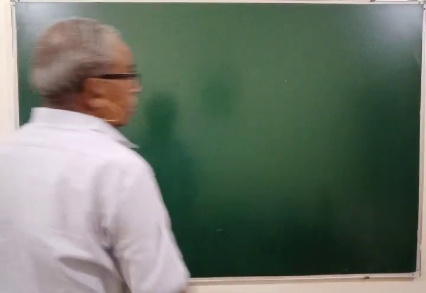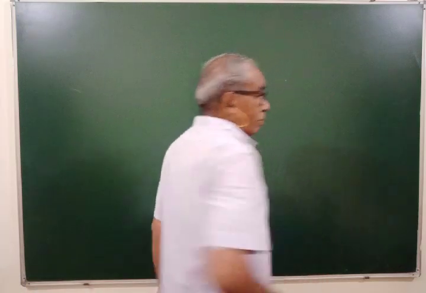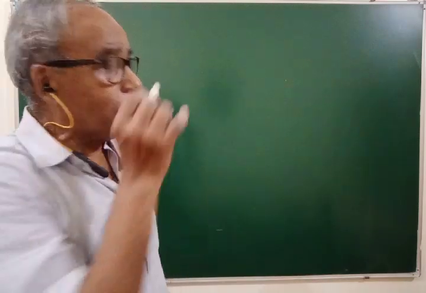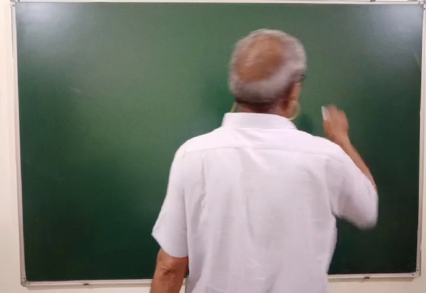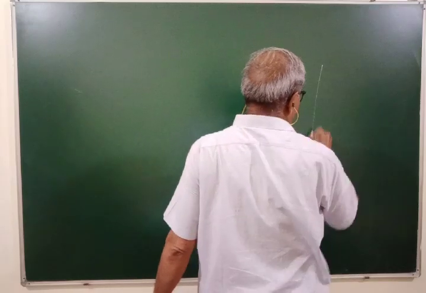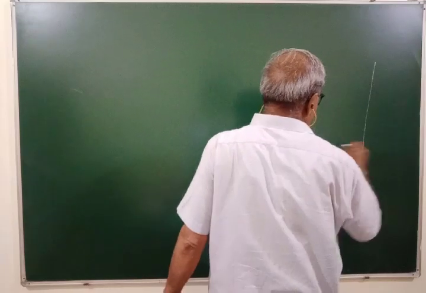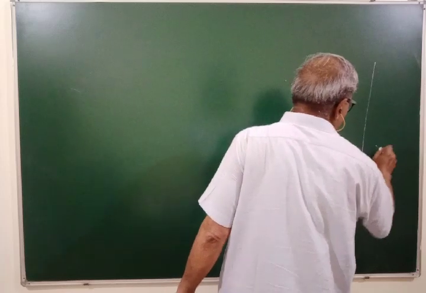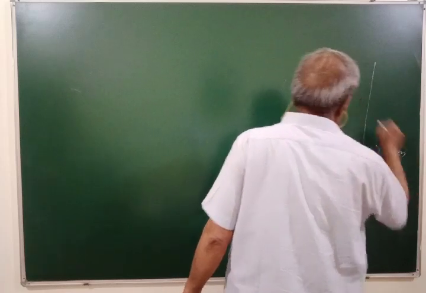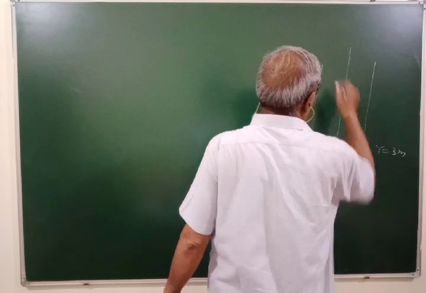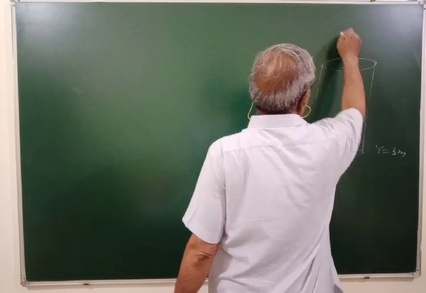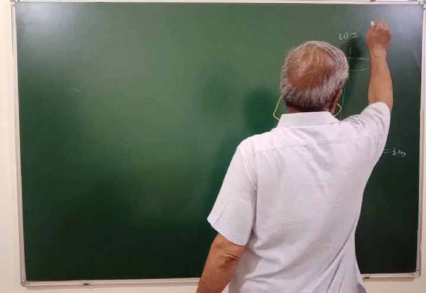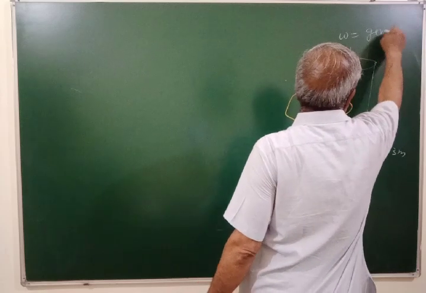Now the second question. You can make it, or it is given in the NCERT book on the last page of chapter 5. Here is a drum whose radius is 3 meter. It is rotating with a certain speed, omega given. But the question is different.